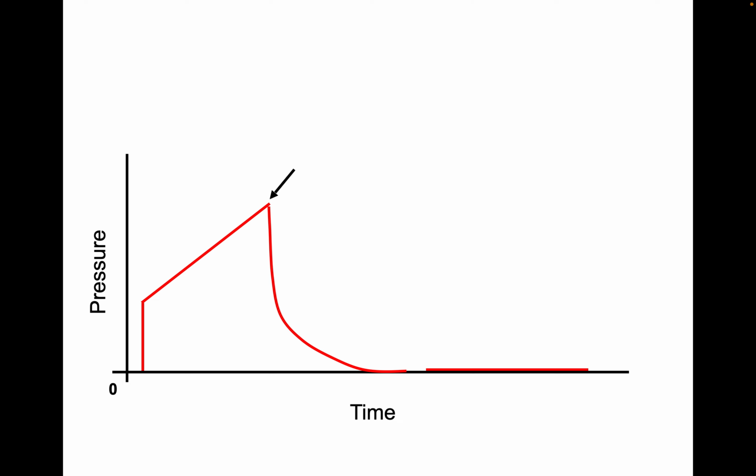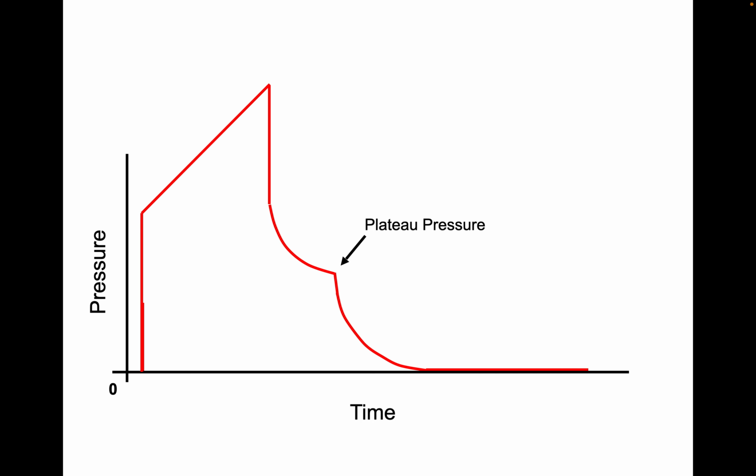Now coming to this particular pressure time scalar, this point is the peak pressure, whereas this deflection which comes down from the peak pressure, and there is another hump here before it touches the baseline, is the plateau pressure. In this particular situation, you could see that the peak pressure has gone up, whereas the plateau pressure remains fairly normal or low.